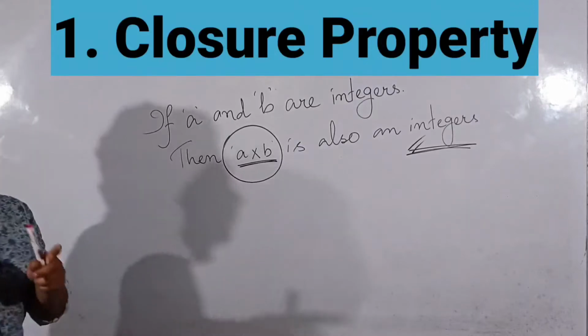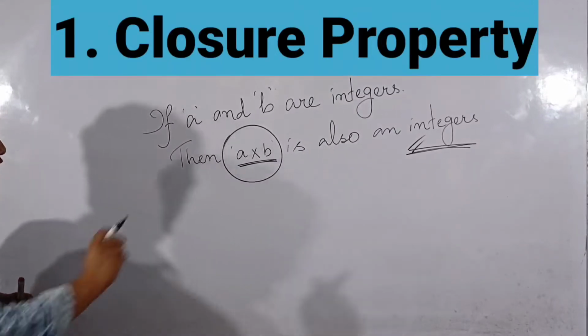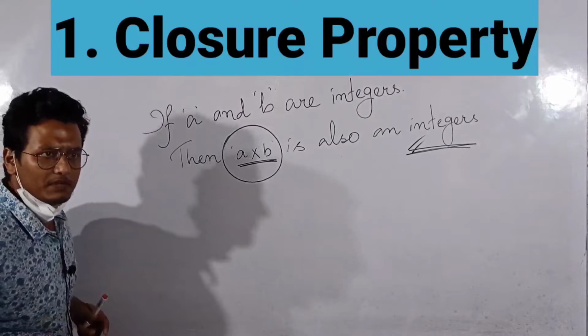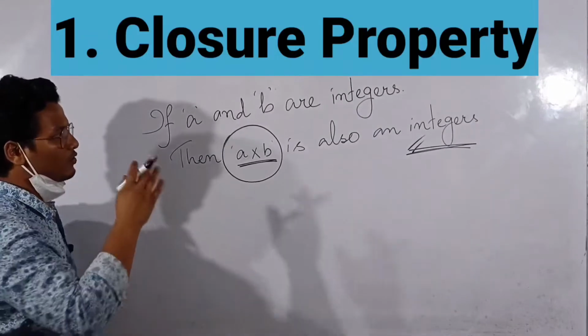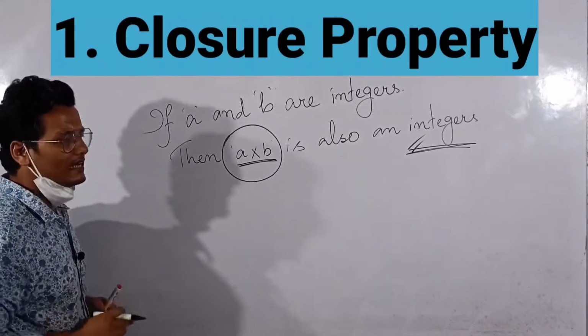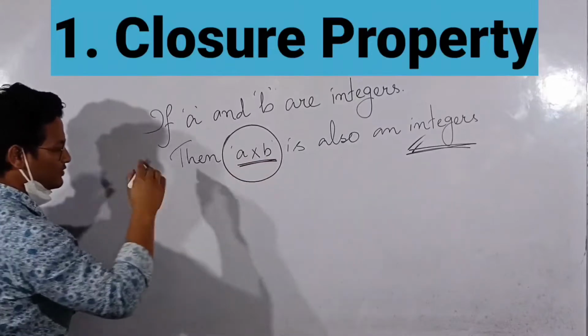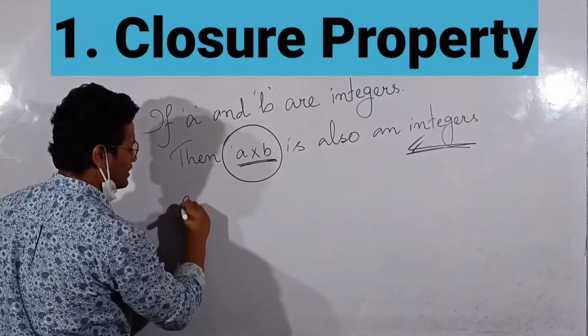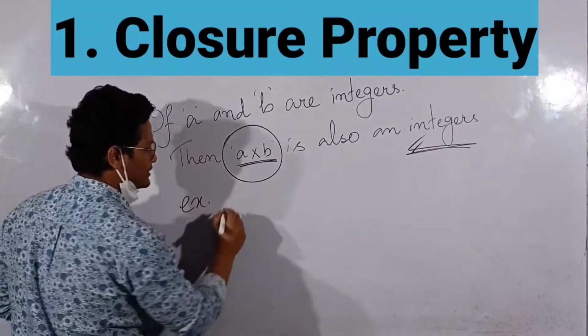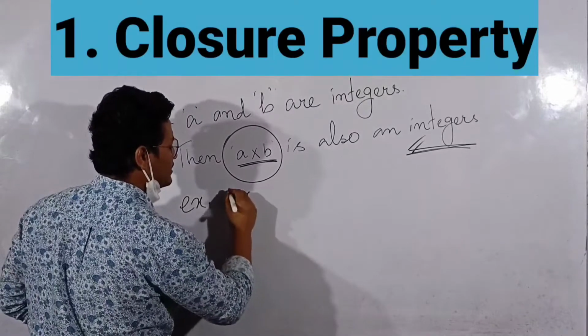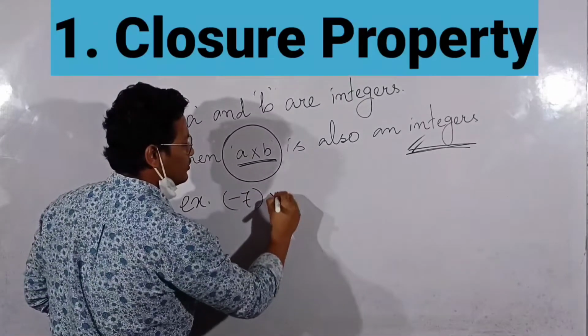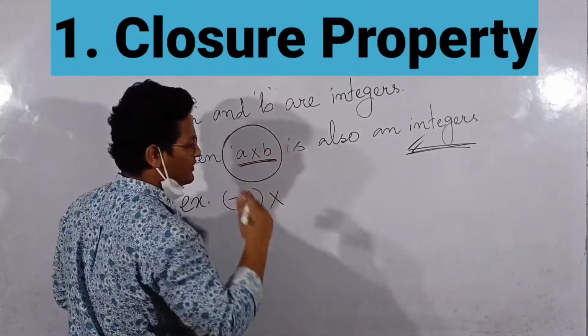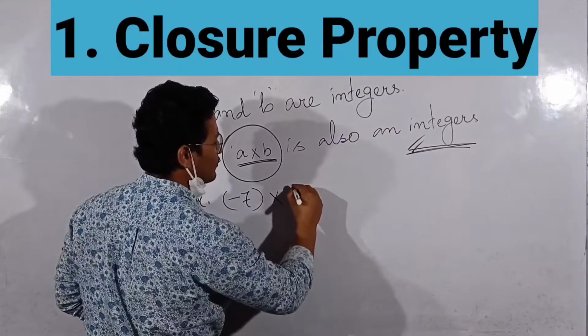Let's learn it through examples. Students, all of you know that all negative numbers, all positive numbers, and also 0 are integers. Let us consider two numbers. For example, -7 is one number, into, let's take another positive integer, let's say 5.